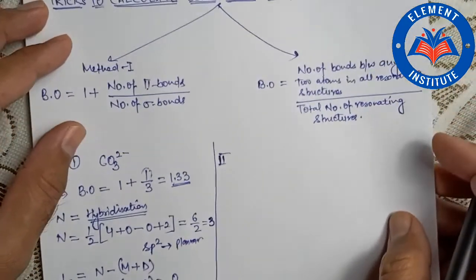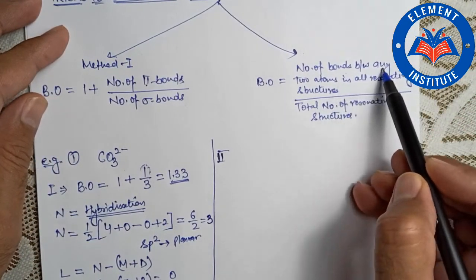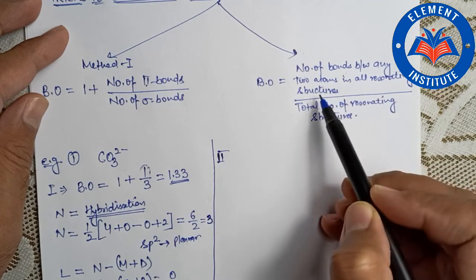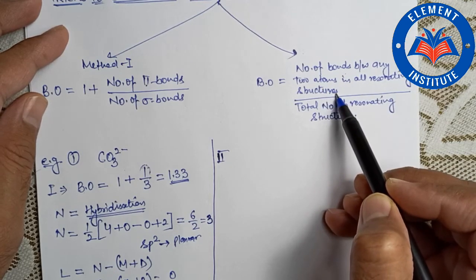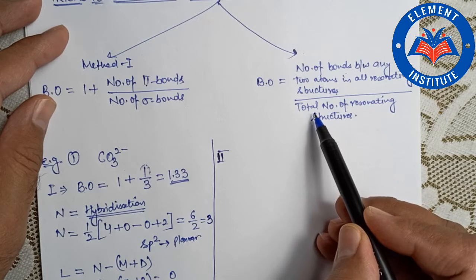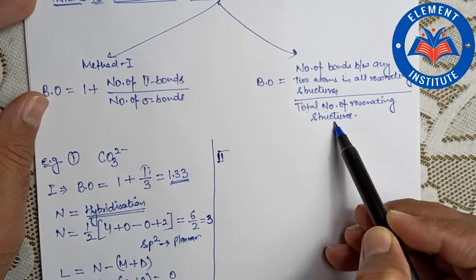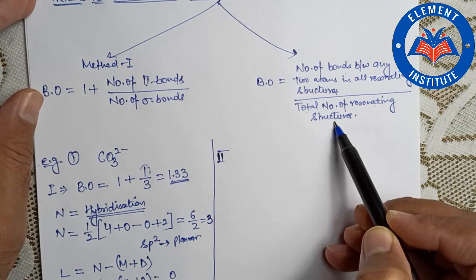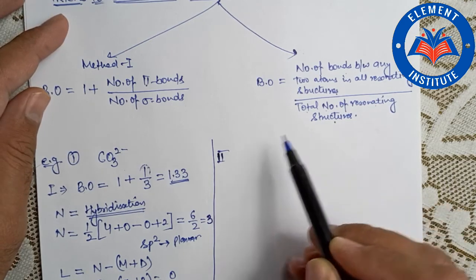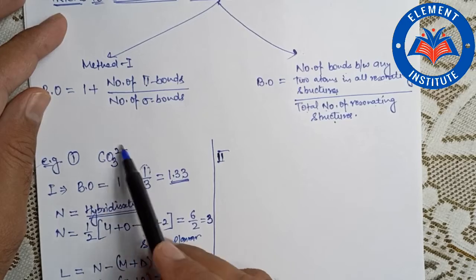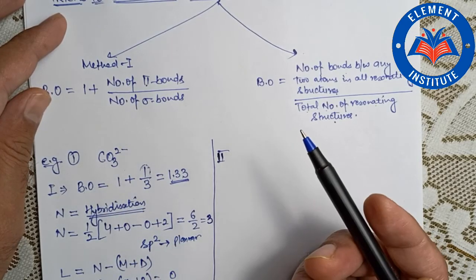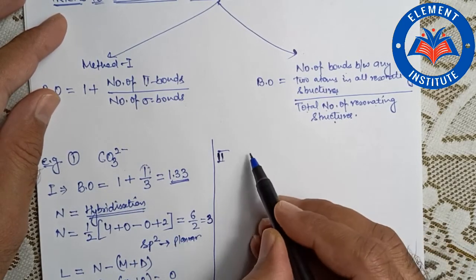Okay, let us take the second method. The second method is the number of bonds between any two atoms in all resonating structures, divided by the total number of resonating structures. Again the question arises, how could we know how many resonating structures this molecule has? It is a simple rule.